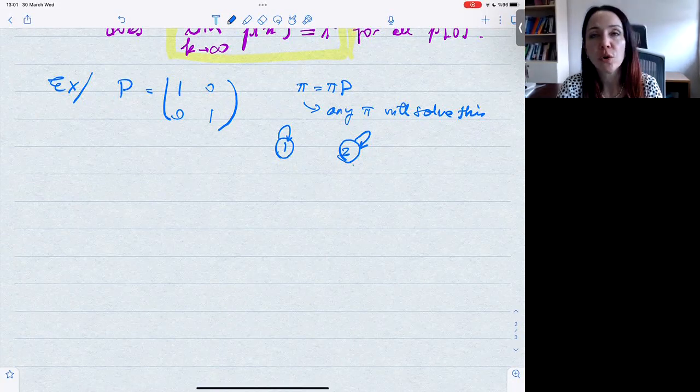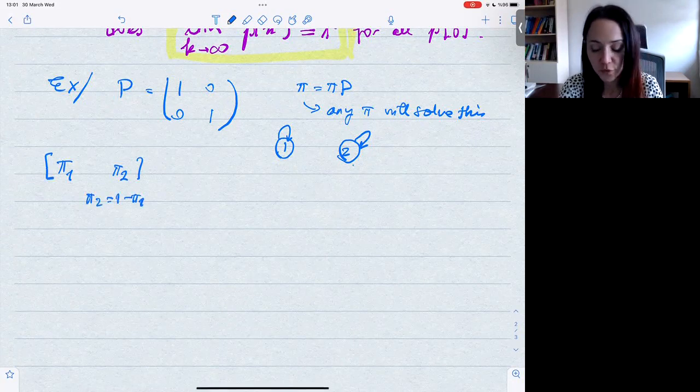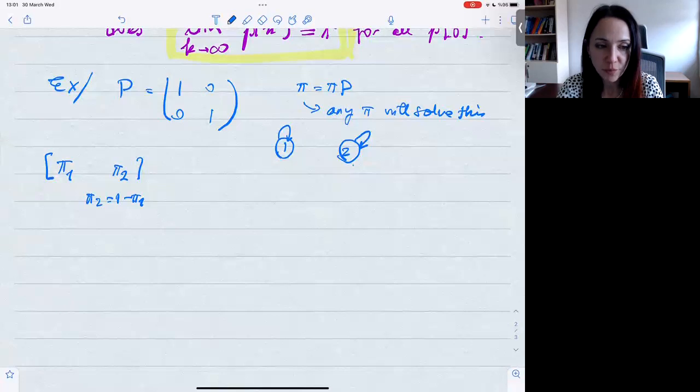So if you start in state 1 with a certain probability pi 1, and in state 2 with another probability pi 2, then forever you are in state 1 with probability pi 1 and state 2 with probability pi 2.